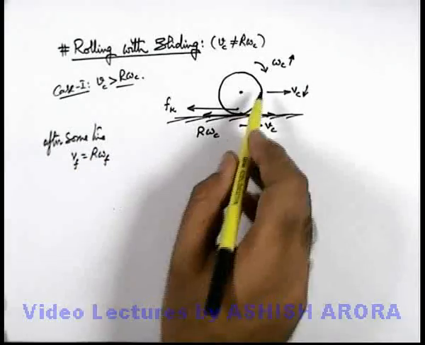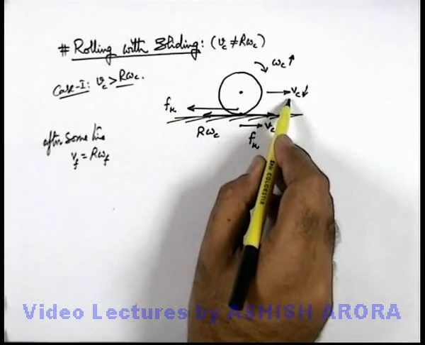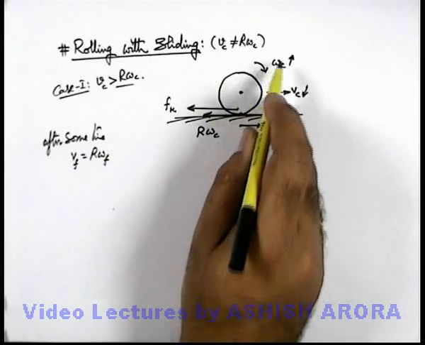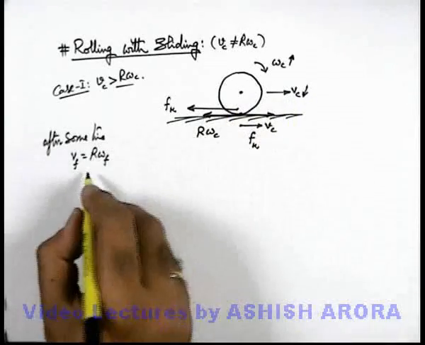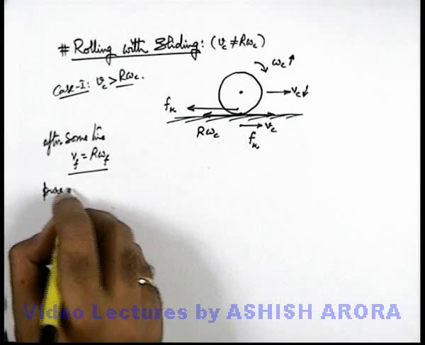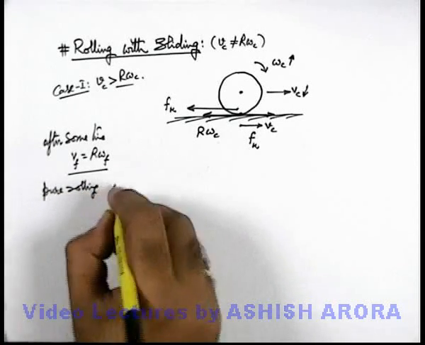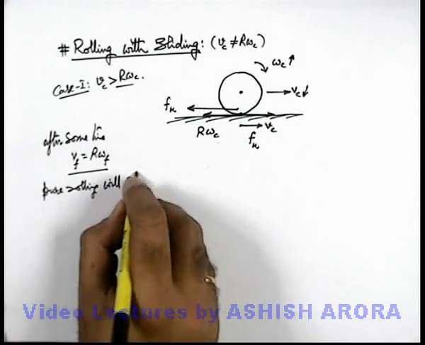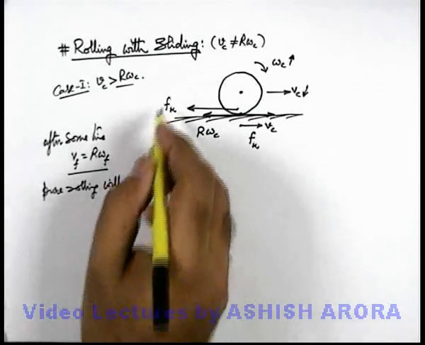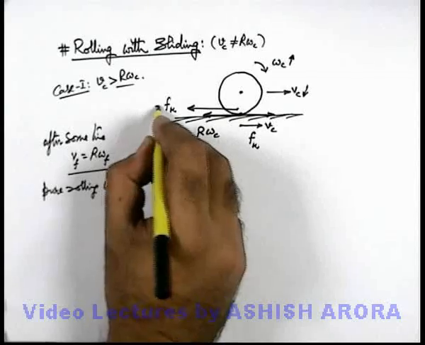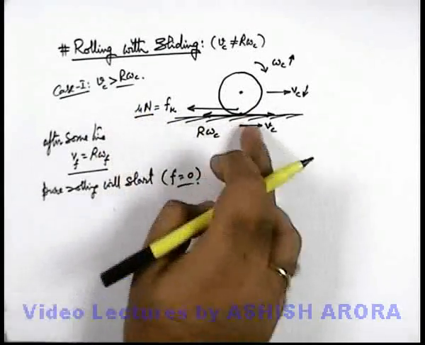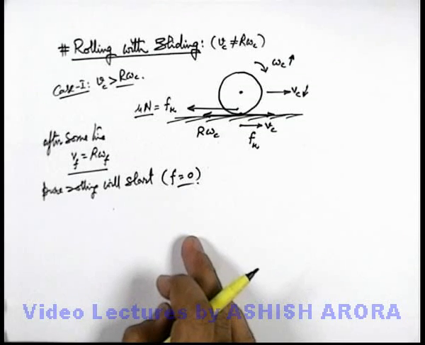If V final is the final linear speed, which will be less than Vc, and omega final is the final angular speed, which is more than omega c, when Vf becomes R omega f, then we can state pure rolling will start, and friction drops down to 0, which was initially Fk, which can also be written as mu N, if N is the normal contact force and mu is the coefficient of friction.